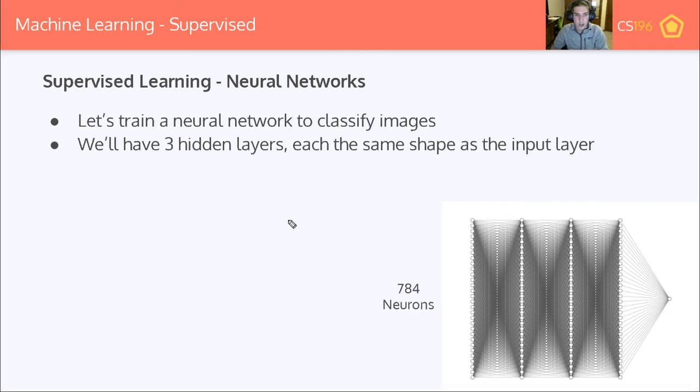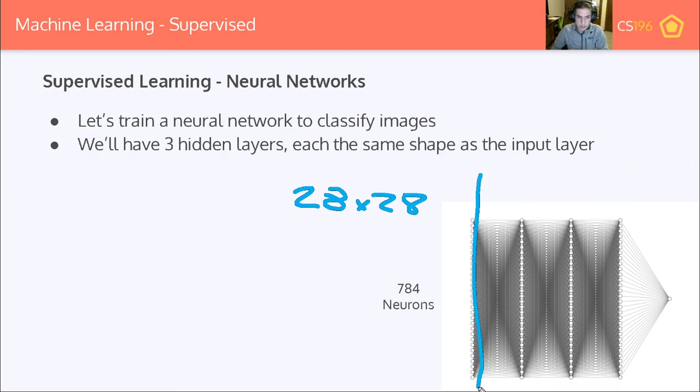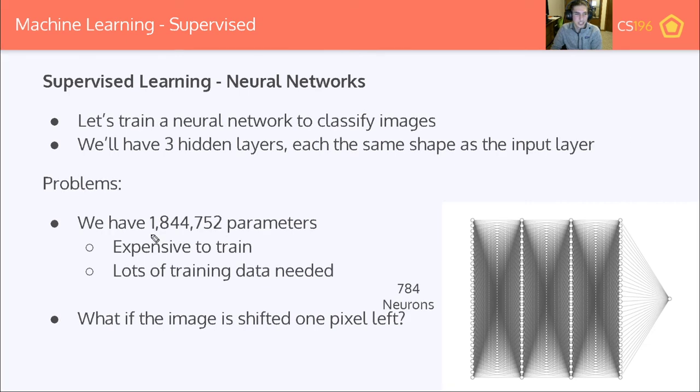We had our images that were 28 by 28, and we'll just train a neural net to do it. So we have 784 neurons here, 784 here, 784 here, 784 here, and then we'll just have one output that we'll just say is the value 0 to 10. Well, hopefully you can recognize that this isn't the best solution. We have almost 2 million parameters, meaning it is computationally expensive.